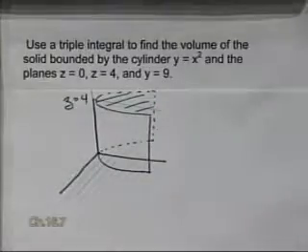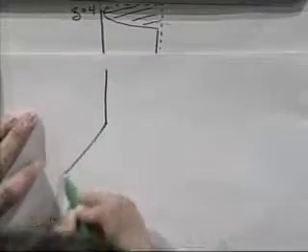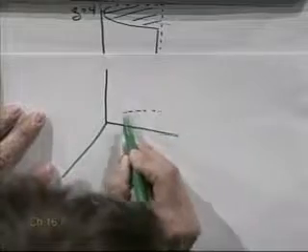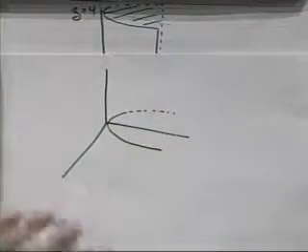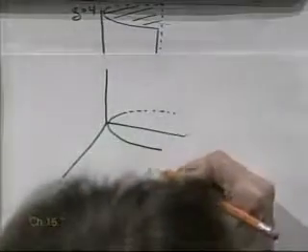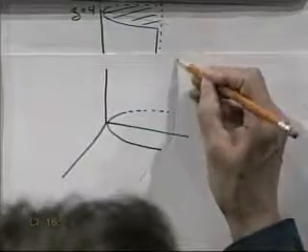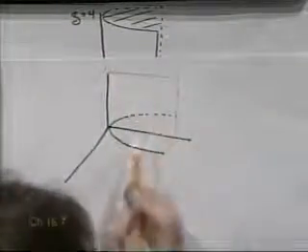I don't like my picture totally. Let me draw it again. This one comes down like this. Let's extend it a little bit, because this is going to be y equals 9 right here. If I bring that down along here, I need it parallel to that.